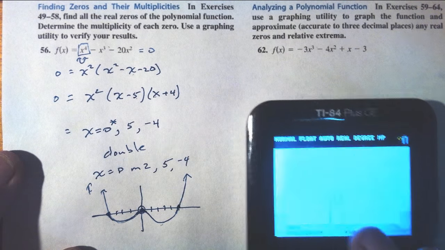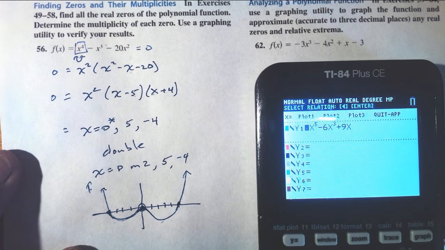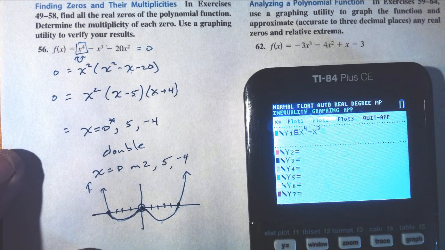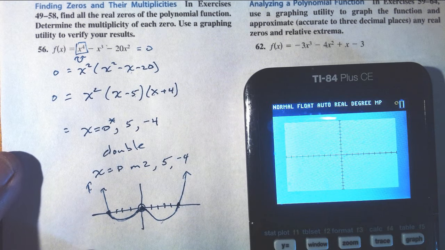Okay. Let's go to y equals, and let's get this guy in here. Clear this one, and I'm going to go x to the fourth minus x to the third, and minus 20x squared. And that's going to be pretty useless to me in this form, but I'm still going to go ahead and go zoom standard. I don't think we're going to get a real great appearance of that, although maybe enough to know what's going on here.